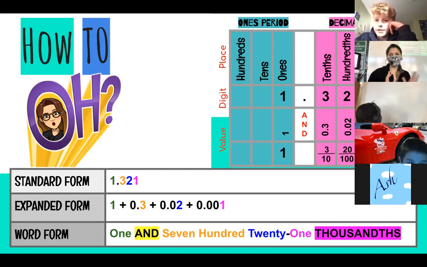That and gives us a separation between our whole numbers and our fractions. So then why do so many people say point? It's slang. People get very used to saying things in a certain way, and everybody's always looking for shortcuts.